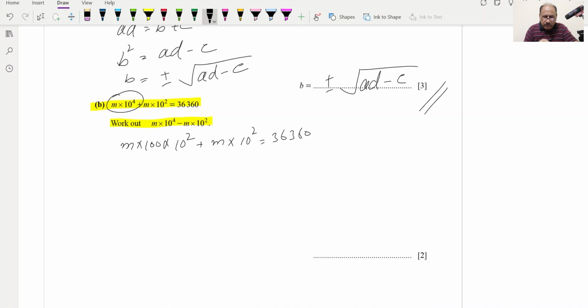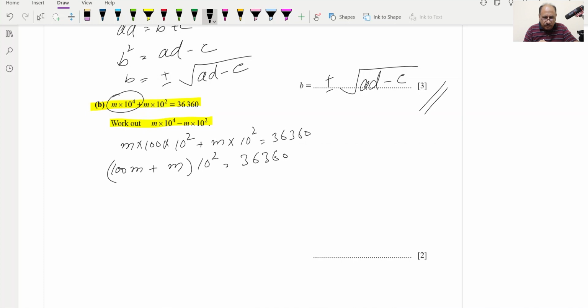Now from these two terms we can take common 10 raised to 2, so inside will be 100m plus m, and outside 10 raised to 2, is equal to 36360.